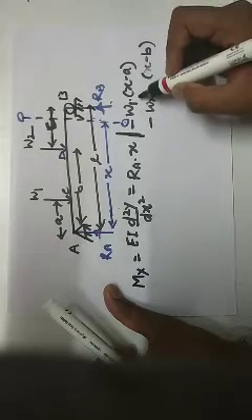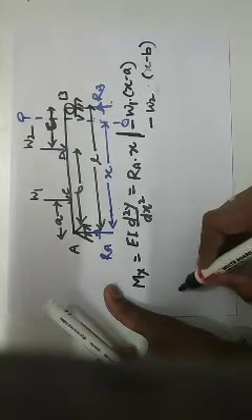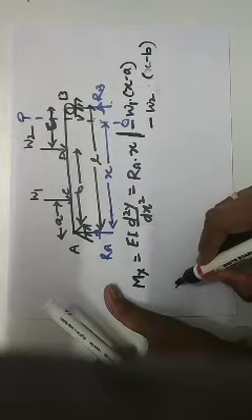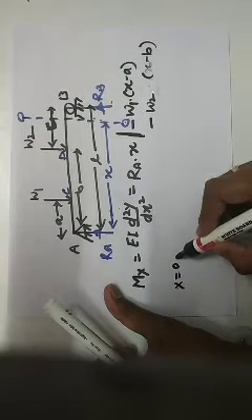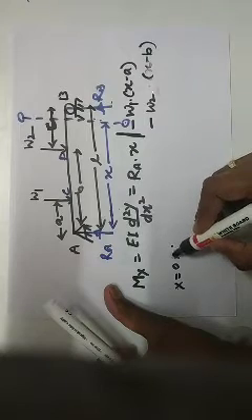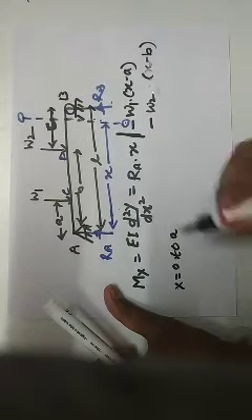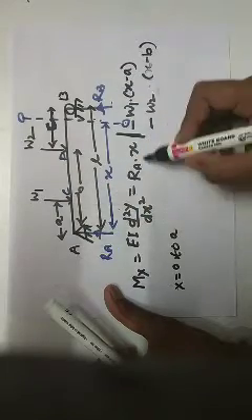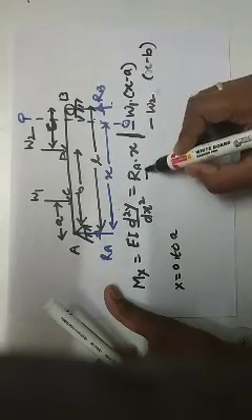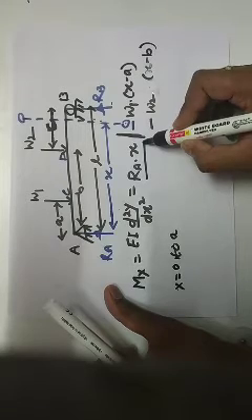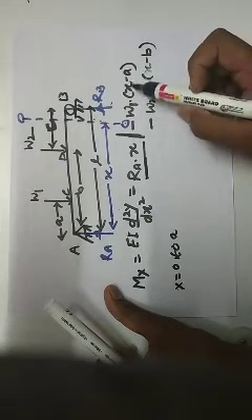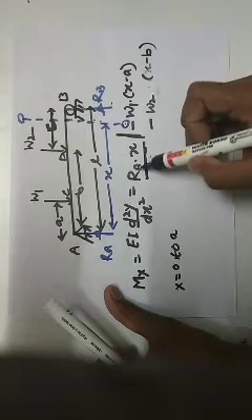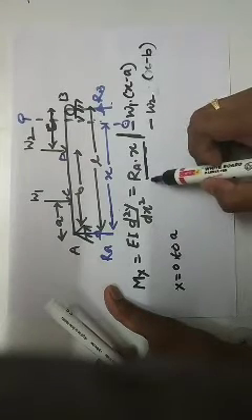What this bracket suggests is that when x is varying from 0 to a, there will be a single term in this equation, RA into x.